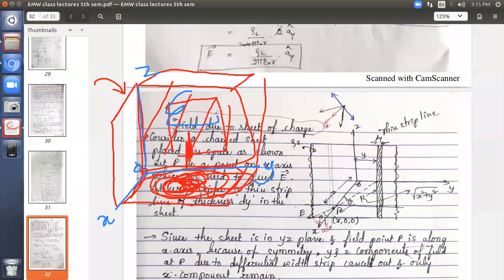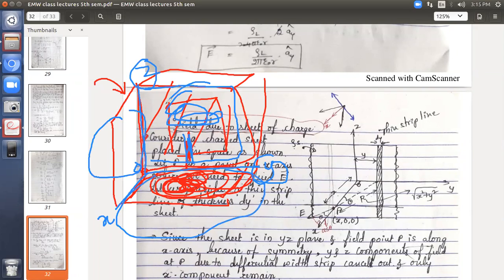The board is hung on the wall in front of which the teacher stands and delivers the lecture. This background wall is actually in the YZ plane, right? There are three planes: the XY plane, XZ plane and YZ plane. Out of these, the background wall is in the YZ plane.